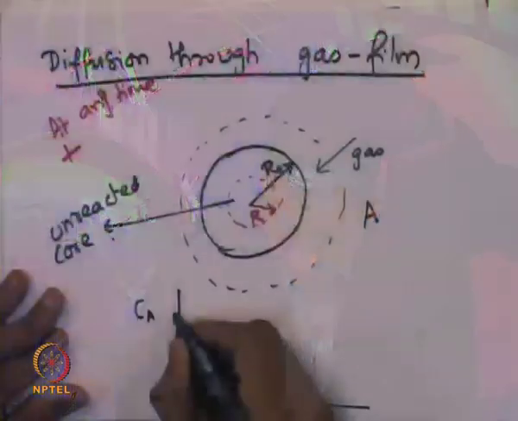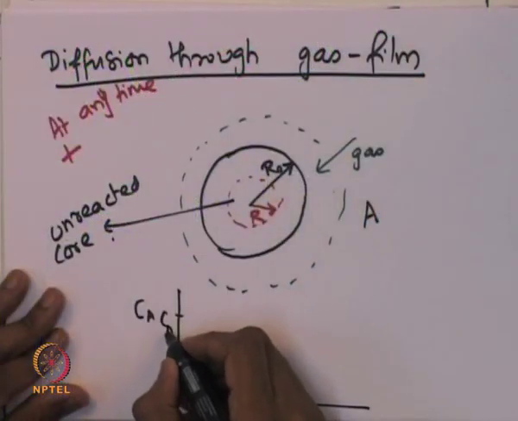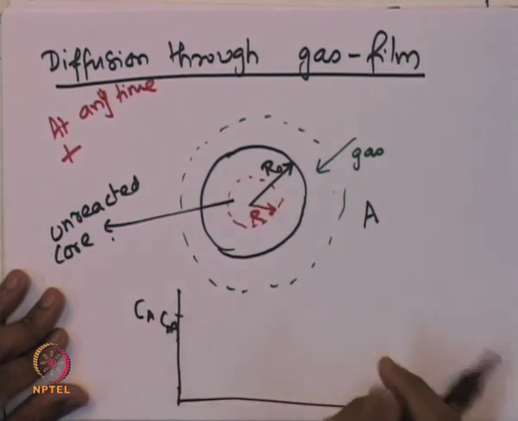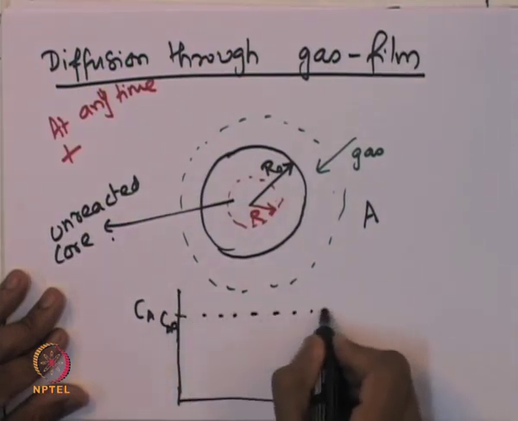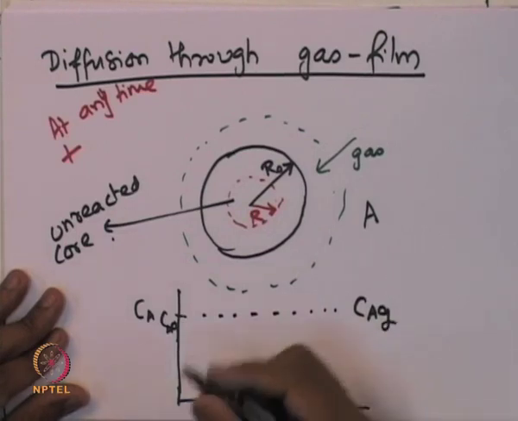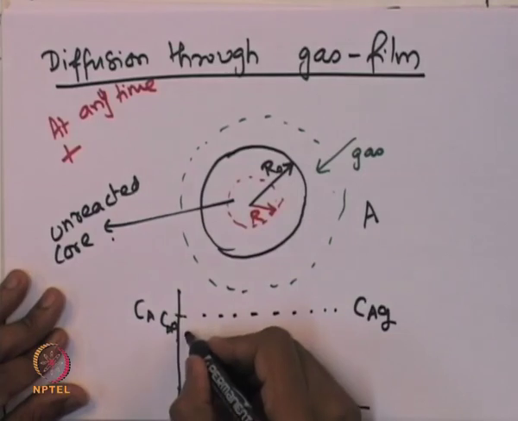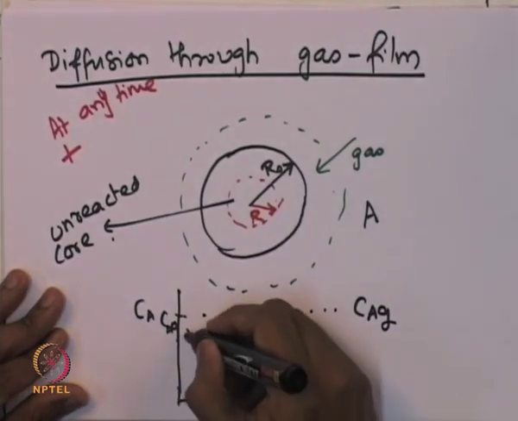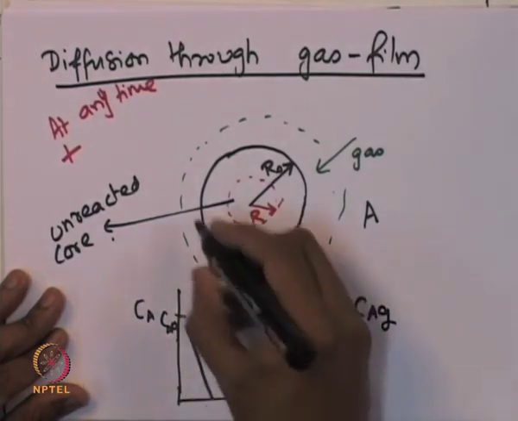Suppose CAG is the bulk concentration of species A.